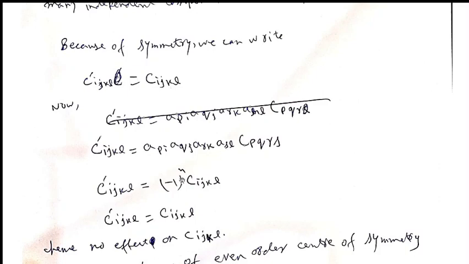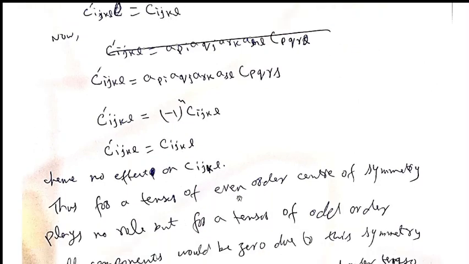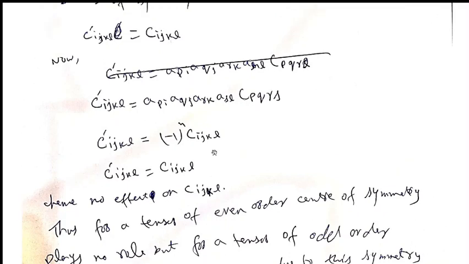So minus 1 power 4 Cijkl. PQRS will be ijkl. So it would be C dash ijkl equals Cijkl. So it means that there will be no effect on the components of C. Due to the center of symmetry, no components will be reduced.